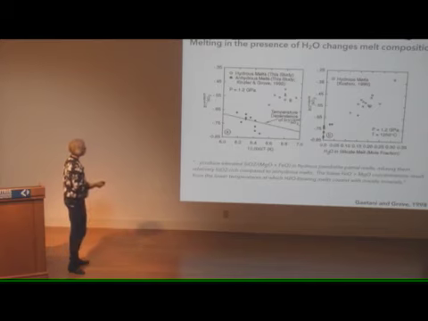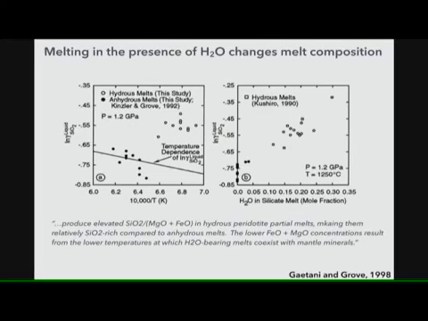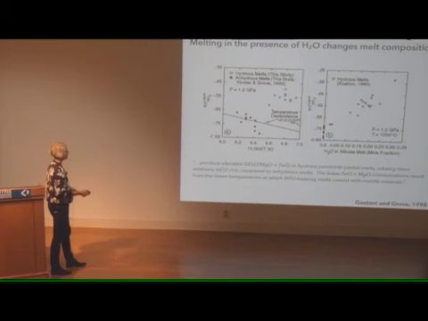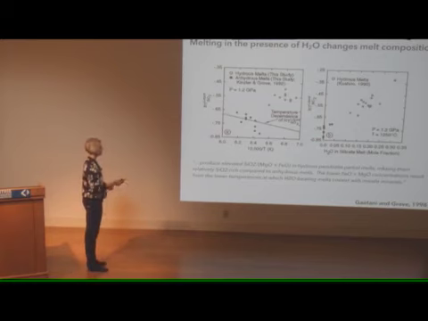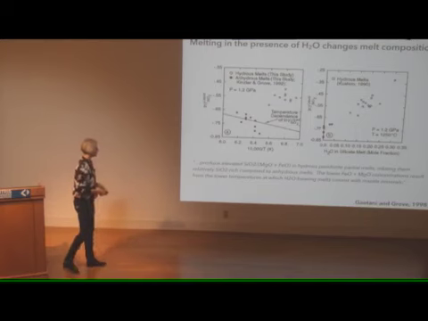The samples measured in dry melting were here, and the wet melting ones are here. So you can see there's a different relationship between silica content and temperature for the dry ones versus the wet ones. And here we're looking at water content versus silica, and there's a clear relationship between the silica content and the water content in those melts.